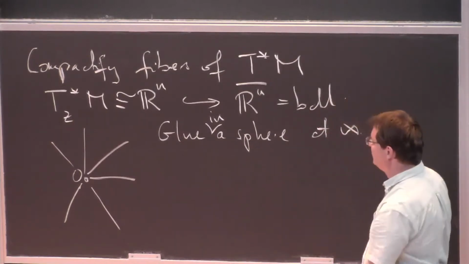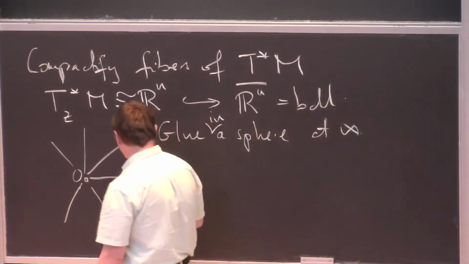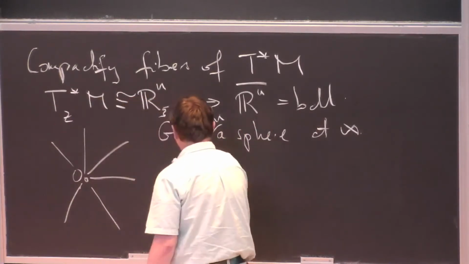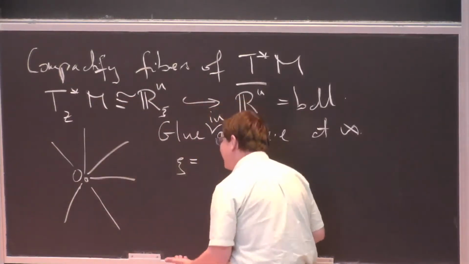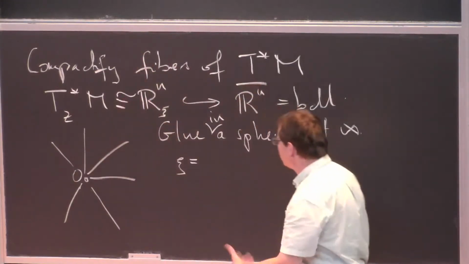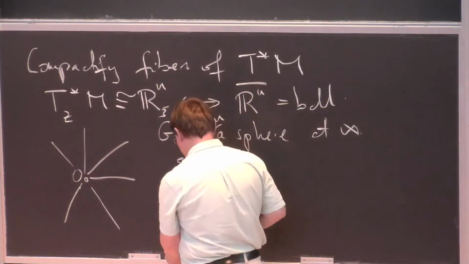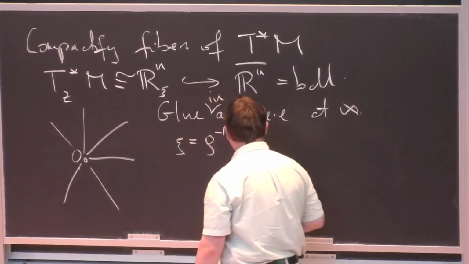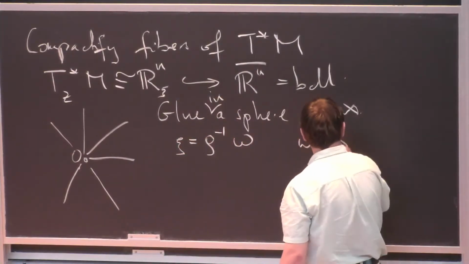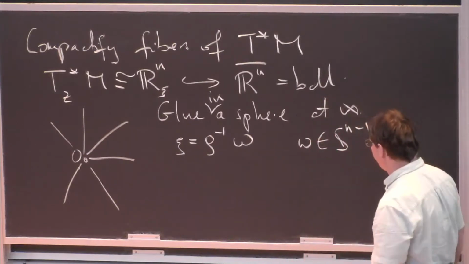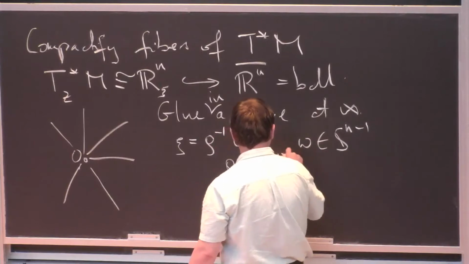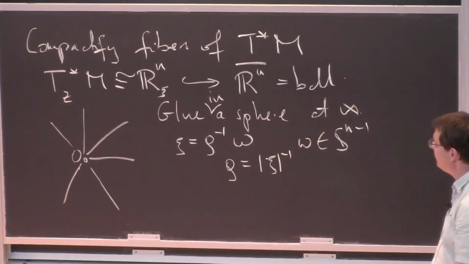And how do you concretely do it? So remember, this is my psi space. What I'm going to do is write psi in polar coordinates, except that I want to be near infinity. So I'm going to write it in reciprocal polar coordinates. So I want to think of it as rho inverse times omega. Omega is in the (m-1)-sphere. And rho is the reciprocal of the magnitude of psi, which I can do when psi is non-zero.